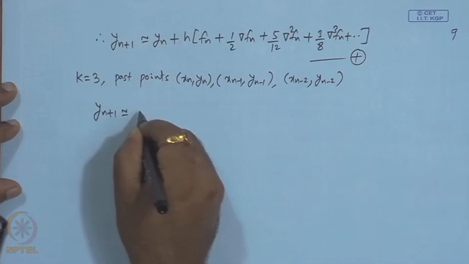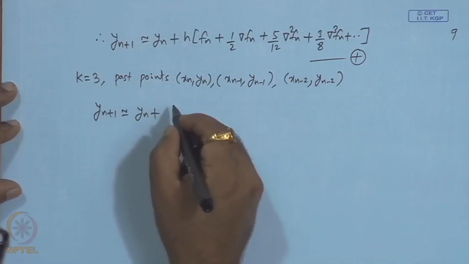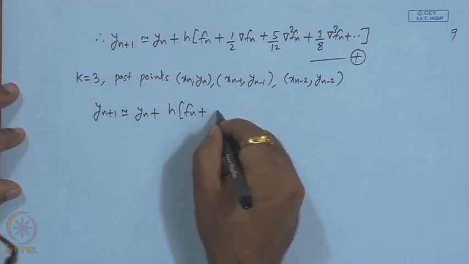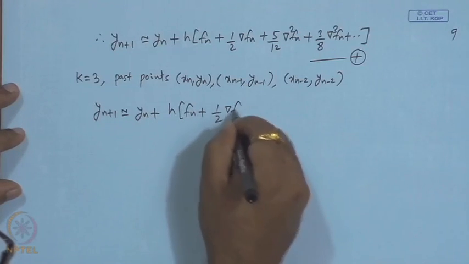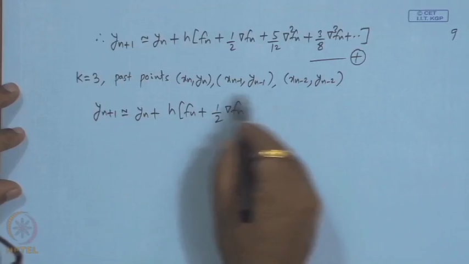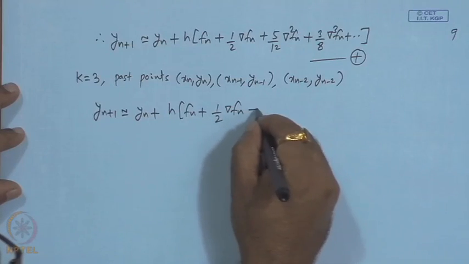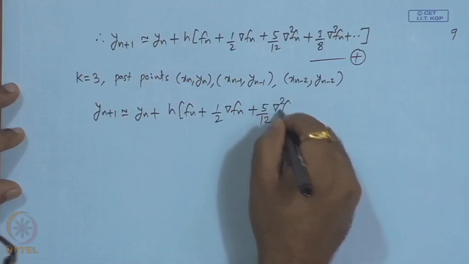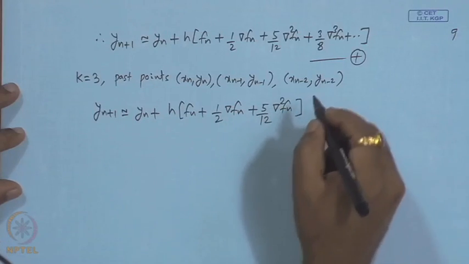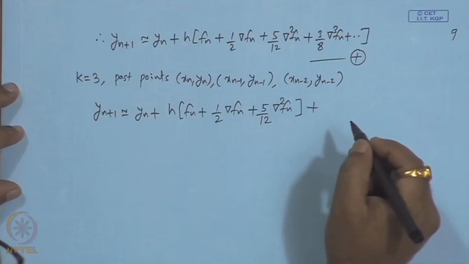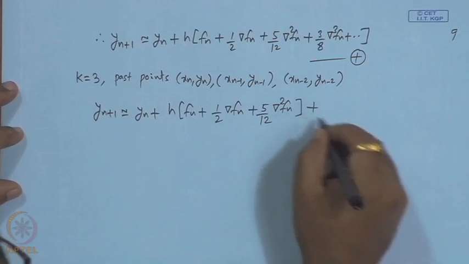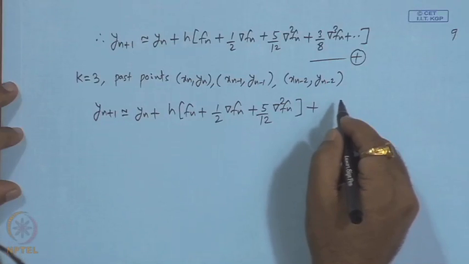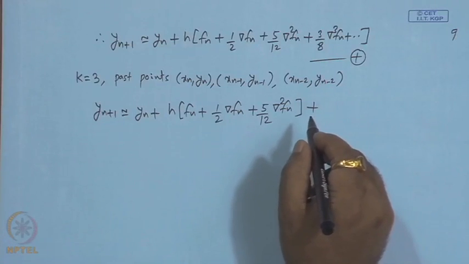y n plus 1 is y n plus h. So, we have only 3 points. So, we get differences up to second order plus there must be an error, right, and what is the error?